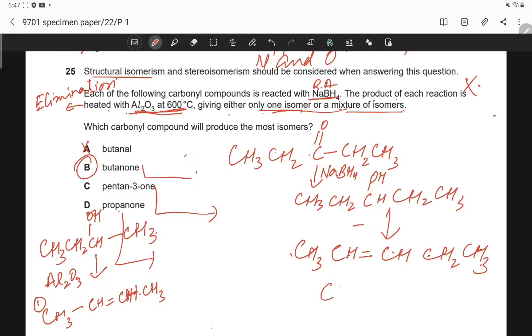This is another possibility, CH3, CH2, CH double bond, CH, CH3.